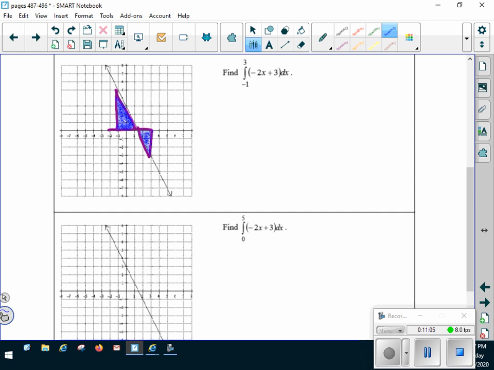Can you come up with something that you think is true about the answer that you should get? Positive, I agree. All right, so we've got negative x squared plus 3x evaluated from negative 1 to 3.